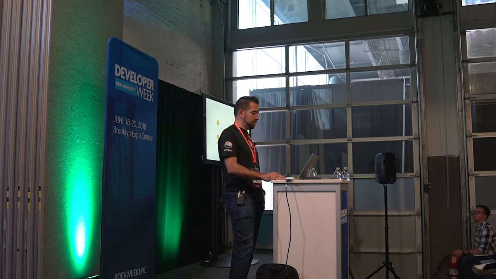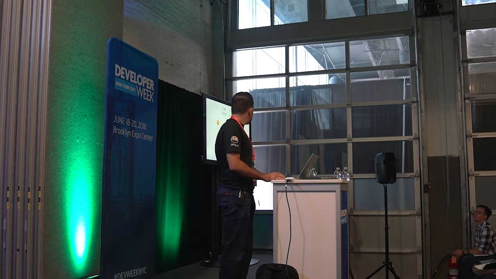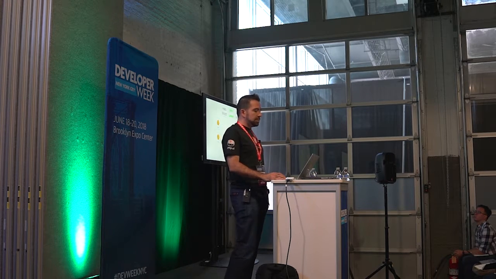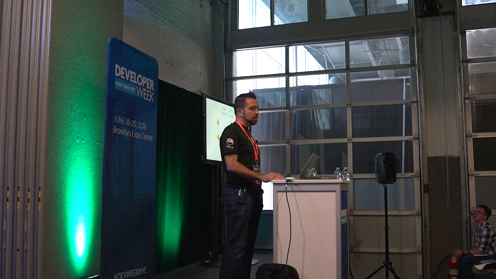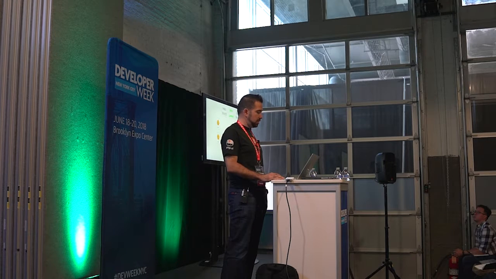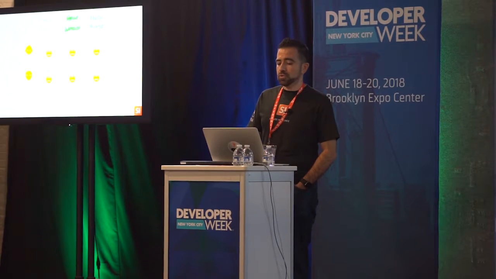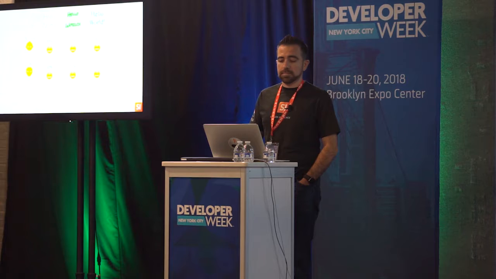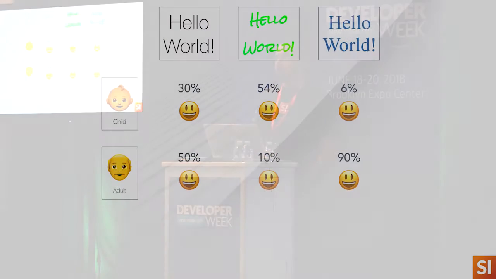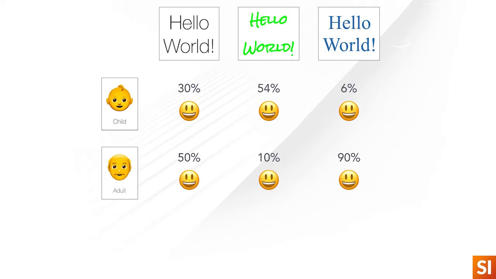In this example, we assume that the different types of users respond differently to different styles of hello world. So let's see what assumptions we're making. We assume the displayed happiness rates for different types of users and different kinds of actions.